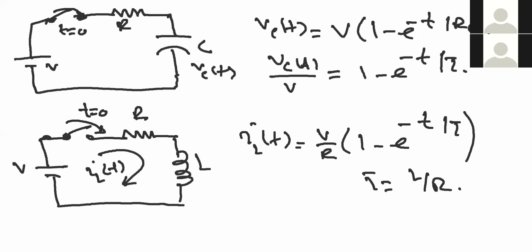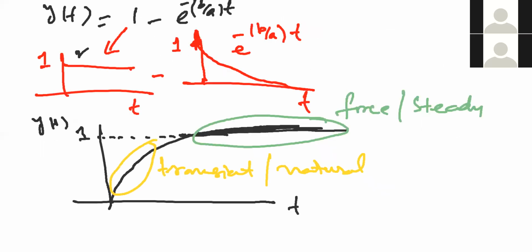So you have the response of the system, and it is giving you the total response of the system. It has two parts. One is the pole at equal to 0, which gives you the forced response.